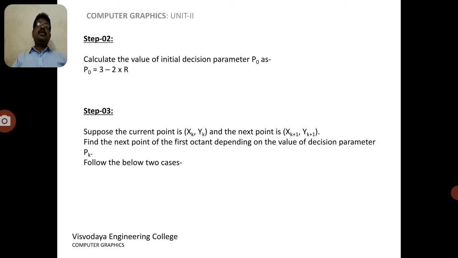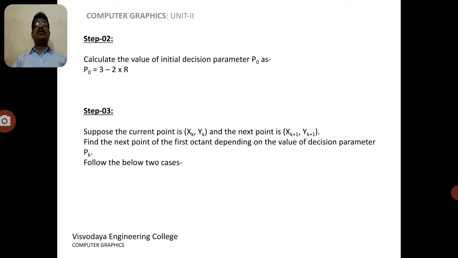The concept is similar to the line drawing algorithm. In line drawing we also take the next coordinate with the help of the decision parameter pk. Bresenham derived this algorithm based on the parameter only.